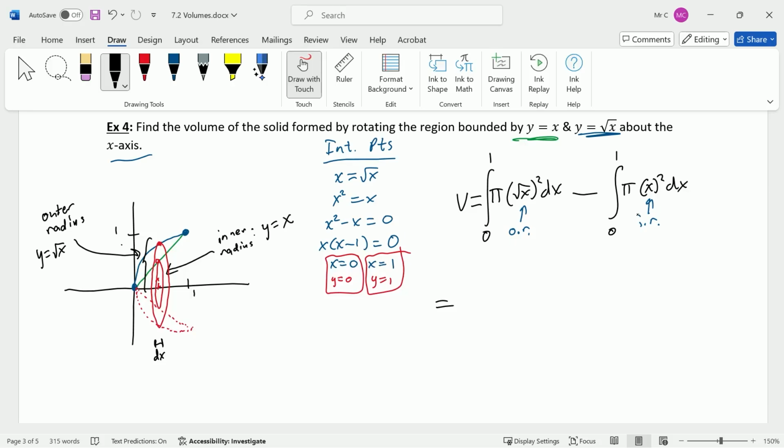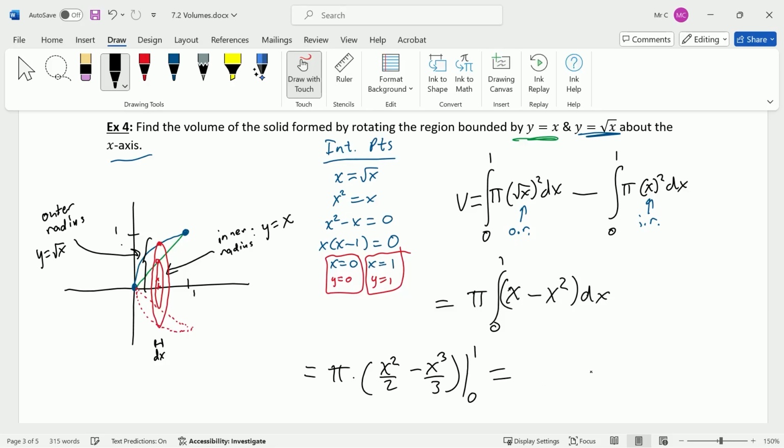And just for ease, I'm going to combine these into one integral, pi times the integral from 0 to 1 of the square root of x squared, which is x, minus x squared dx. And now I integrate. x squared over 2 minus x cubed over 3, evaluated from 0 to 1.